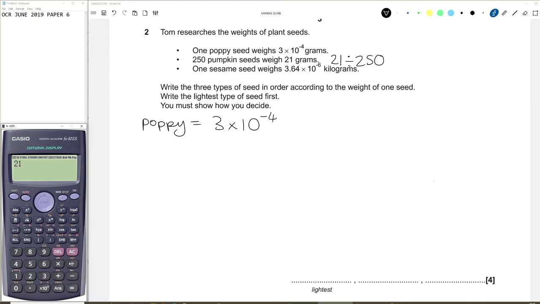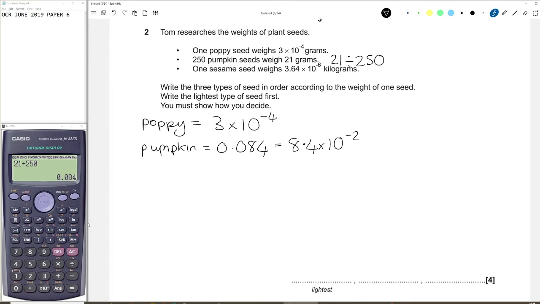My answer would be 0.084, which in standard form would be 8.4 times 10 to the power of minus 2.